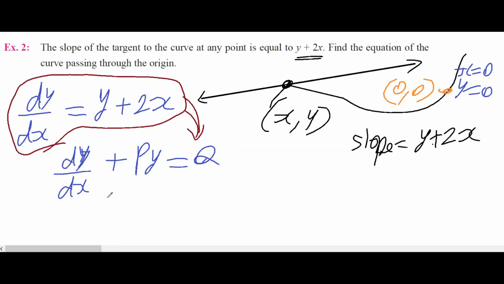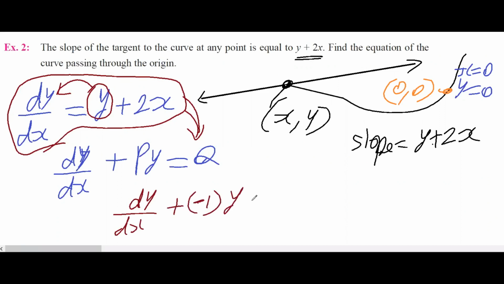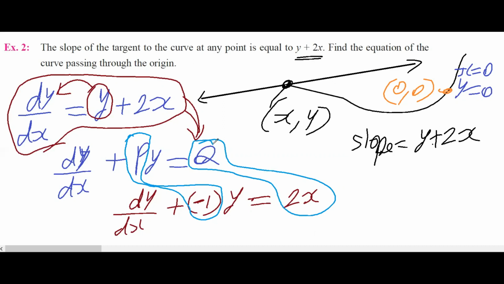Okay, so how to bring it? I am going to transpose this over here. So I will get dy by dx plus minus 1 y is equal to 2x. Now when I compare this, I get the value of P as minus 1 and the value of Q as 2x.